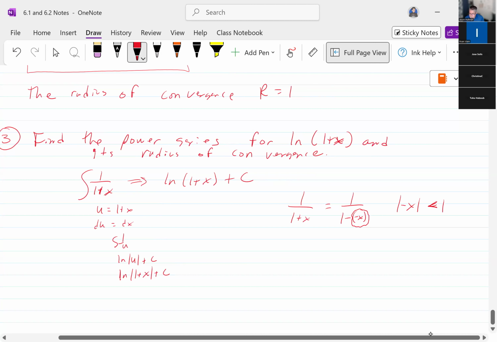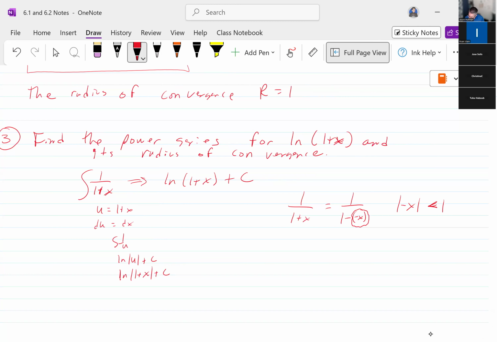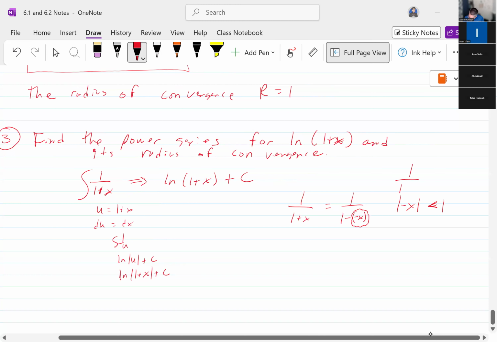That's because the original 1 over 1 minus x has radius of convergence absolute value of x less than 1, and I'm just replacing that with a negative x this time. Well, the absolute value of negative x is just absolute value of x. I could pull that negative 1 out, and then we get 1 times the absolute value of x, which is just the absolute value of x, right?